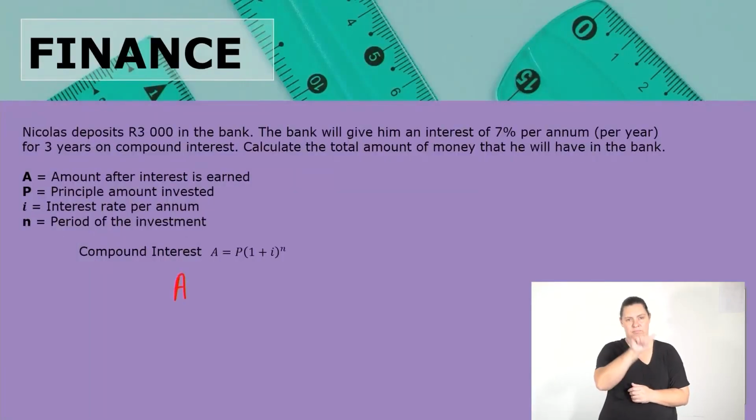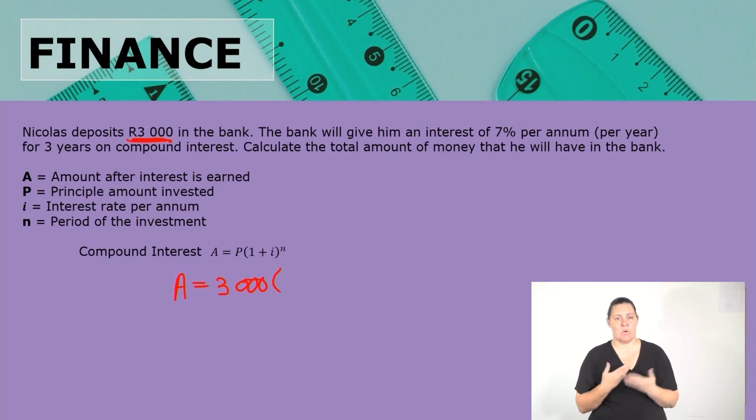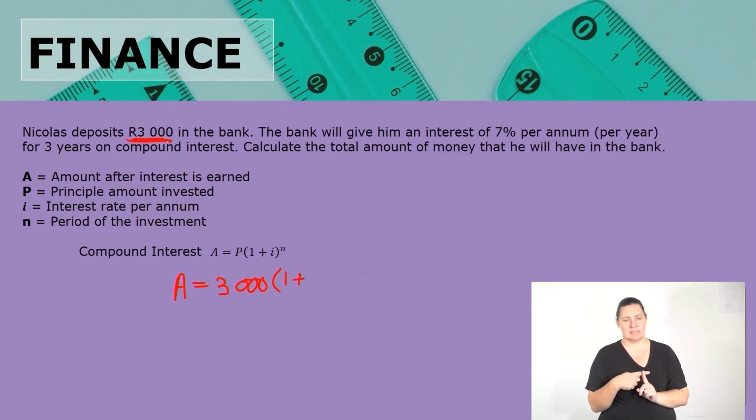But let us calculate. A, and remember, A is the amount after the interest is earned, is equals to P. Do you remember what P is? That's our initial amount, our principal amount. So that is our 3,000 rands. And then we open the bracket, 1 plus our I, which is our interest rate. Do you remember how we represent our interest rate? That is 7 hundredths.